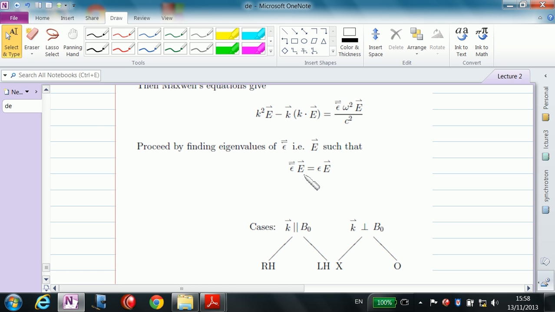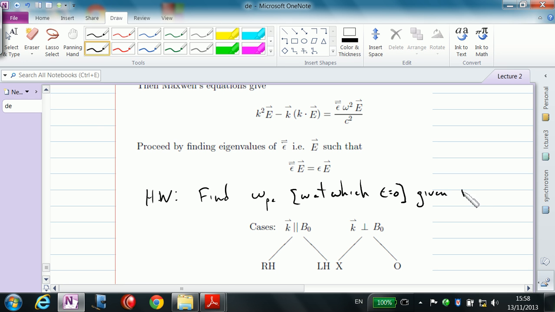I guess we should have a homework where you just find the plasma frequency, which is the frequency at which epsilon equals 0, given the density of electrons, the charge, and the mass.